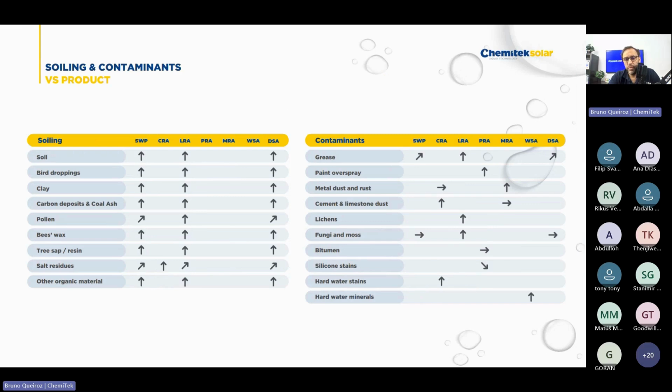So, as I told you before, for organic soiling, the two products that are most suited are the Solar Wash Protect and the lichen removal agent. Nowadays, we added the drone solar cleaning agent also for this range of problems.